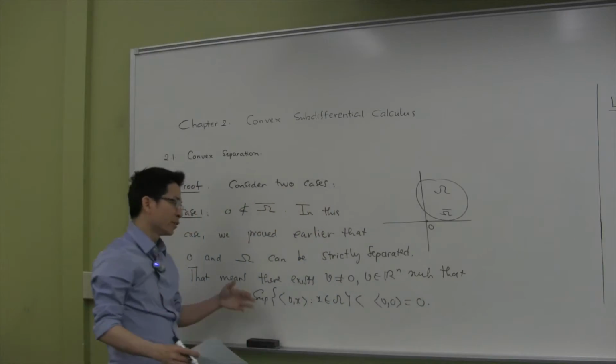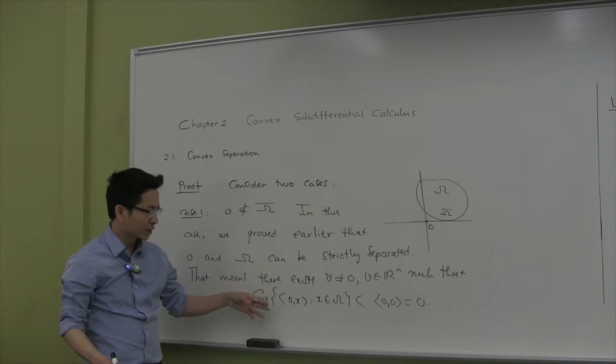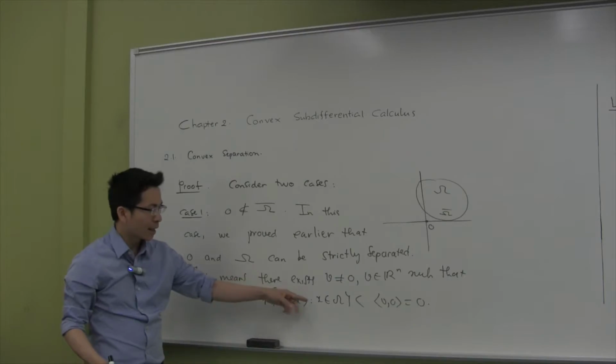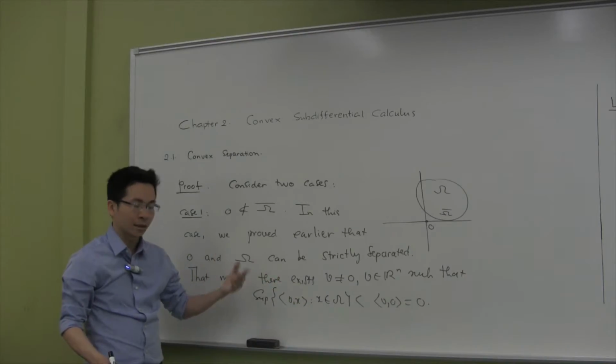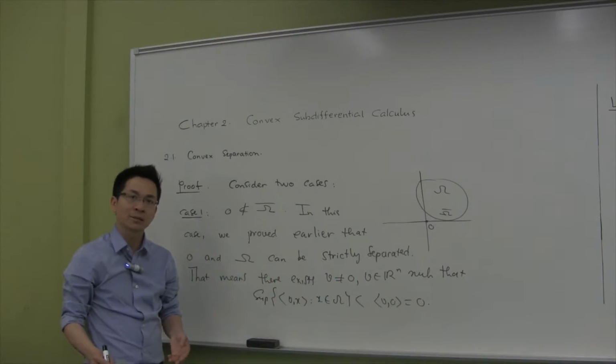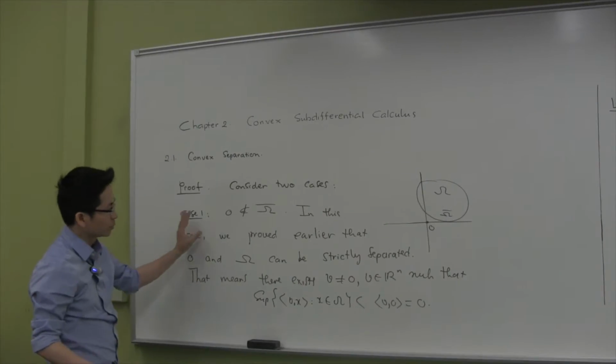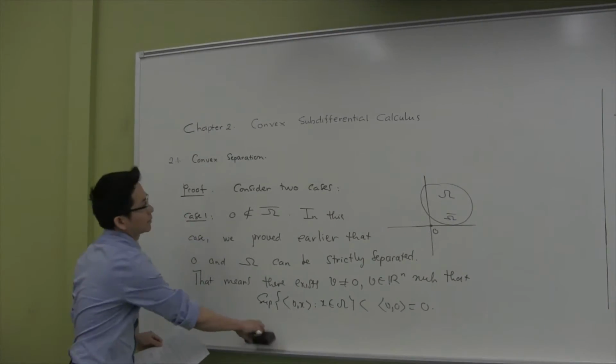So in this case, obviously omega and 0 can be properly separated. Okay, so the proof is obvious in this case.